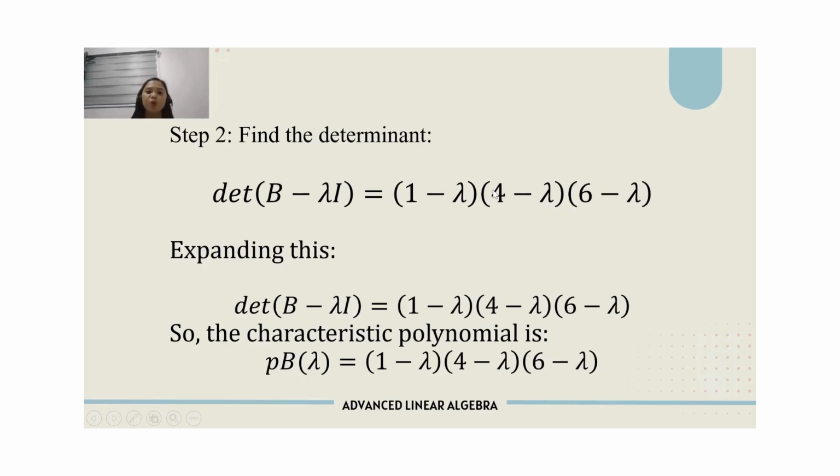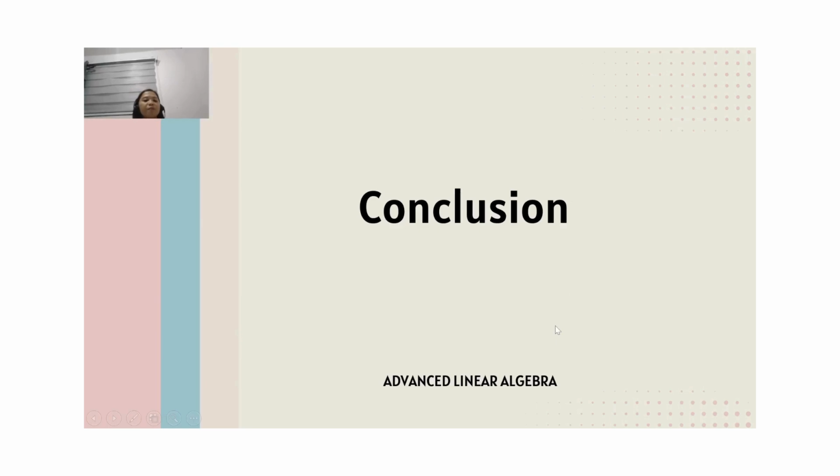Next, for step 2, we will find the determinant. So let us multiply 1 minus lambda times 4 minus lambda times 6 minus lambda. We will just expand this one so we can find the characteristic polynomial of a 3 by 3 matrix.